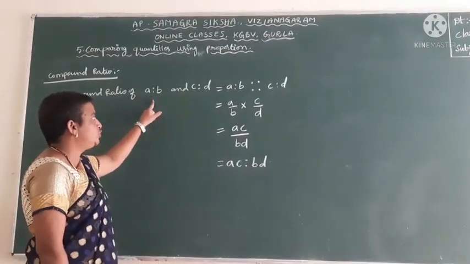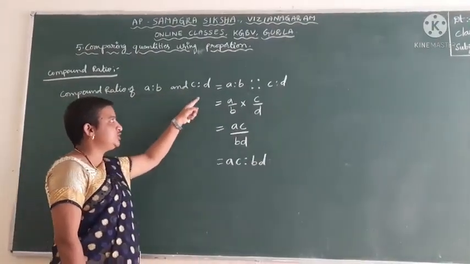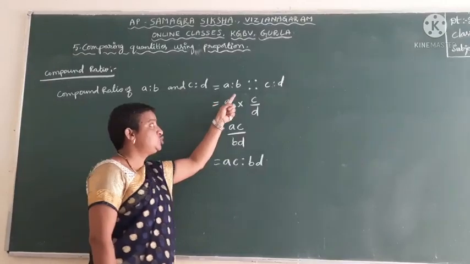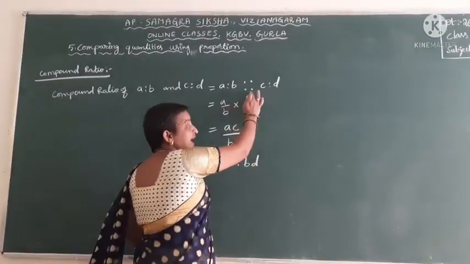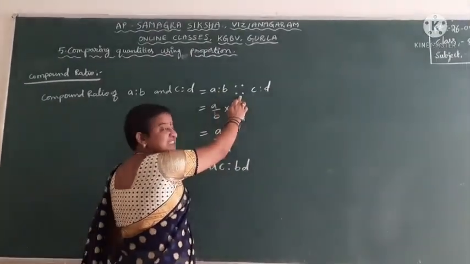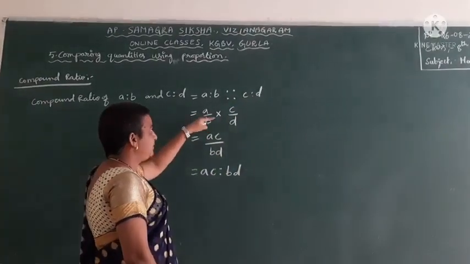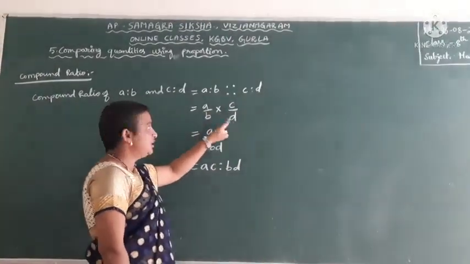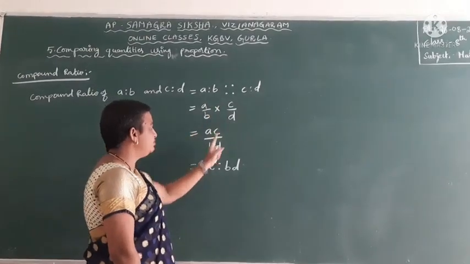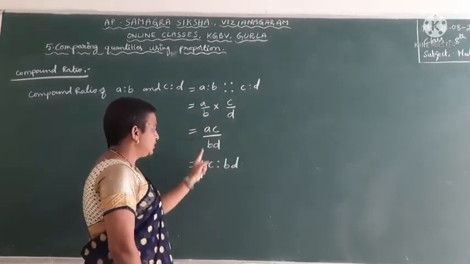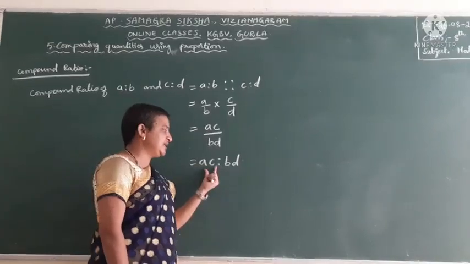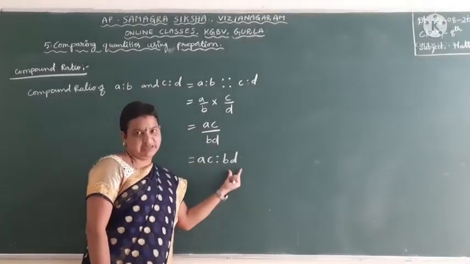Okay, the compound ratio of A is to B and C is to D is equal to A is to B as C is to D. A is to B means A by B into C by D. So A into C, AC by BD. This can be written as AC is to BD.